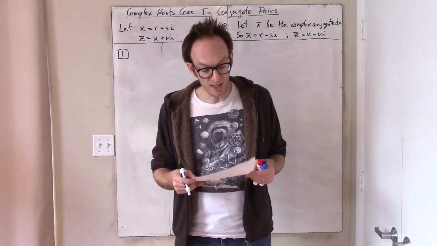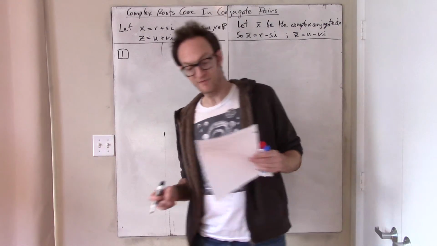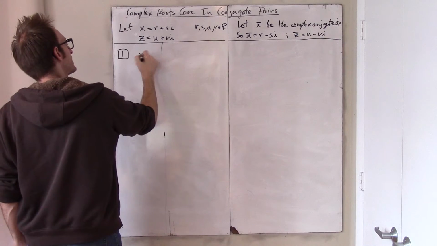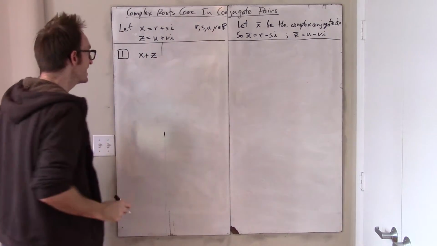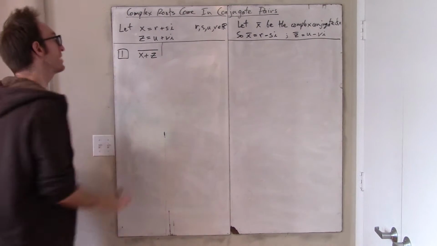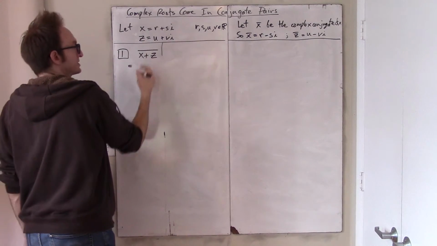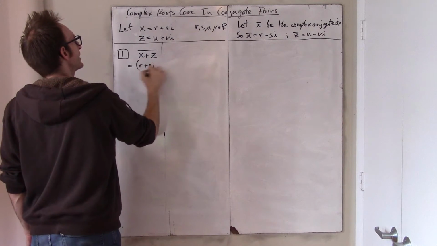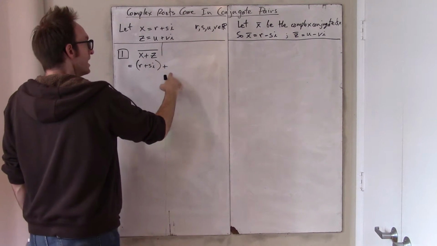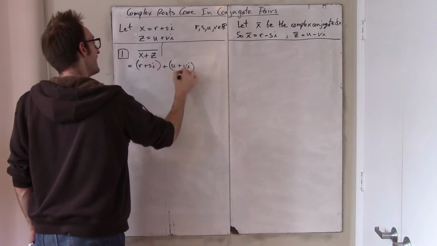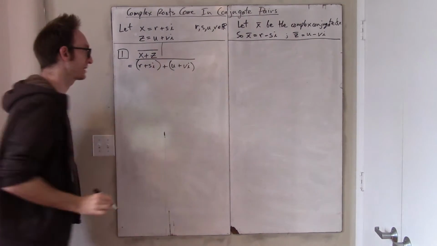Prove that the conjugate of a sum is the sum of the conjugates. In other words, take 2 generic complex numbers, x and z, add them up, and then take the conjugate. What do you get? Well, let's just do it. I have r plus si, and I'm going to add to that u plus vi, and then I'm going to take the conjugate.